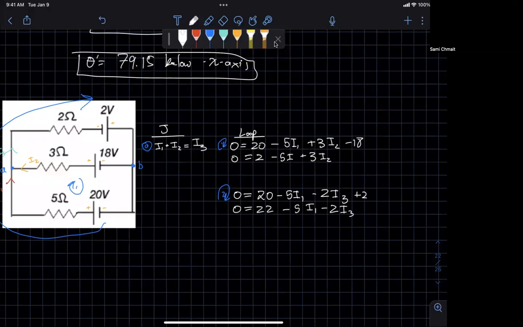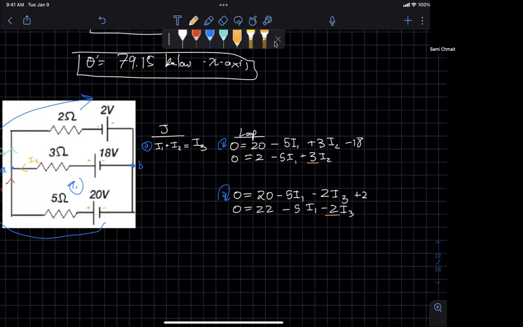So what we're going to need to solve in terms of is, we're going to know what I2 is equal to and what I3 is equal to, because in both equations we have I1. So when we plug back into our junction equation, it'll be everything in terms of I1. To get everything in terms of I1, we need to isolate our variables of interest to one side. The first thing I'm going to do, before all that mixing around, is get rid of the integer values in front of our variables.